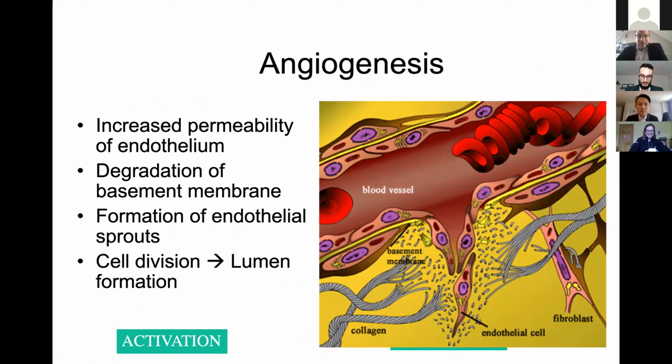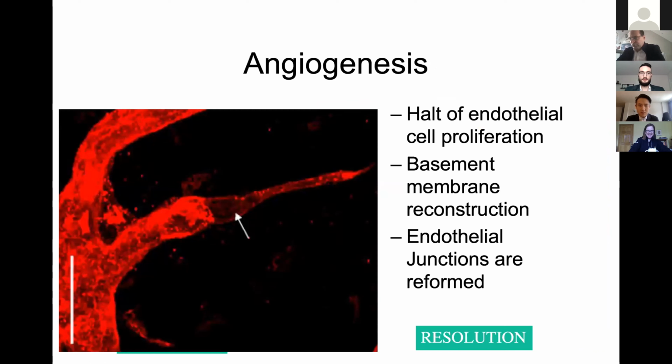Angiogenesis has 2 different compartments, the so-called activation compartment, where the blood vessel starts to be more plastic, i.e., the basement membrane, everything that stabilizes the vessel, is destabilized, is degraded, and new sprouts can form. This activation phase has now to be balanced, however, with a so-called resolution phase, where there's a stop of the cell proliferation, the basement membrane is reconstructed, the blood vessel again gets mature, and the endothelial junctions are formed.